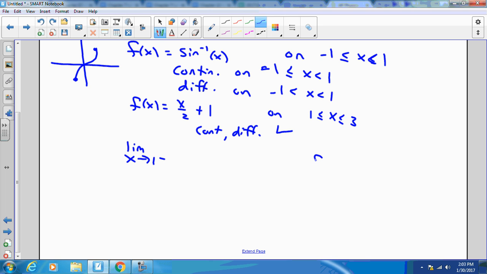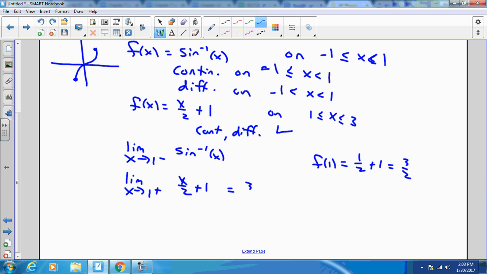The function value is 1 over 2 plus 1, which is 3/2. To get the limit, I need to consider limits from left and right. And when I consider those limits, look at that, I get different values. I get pi over 2 for one of them, and 3 over 2 for the other.